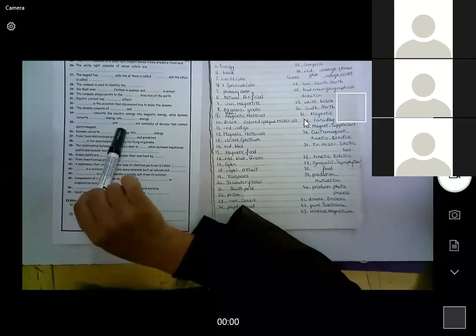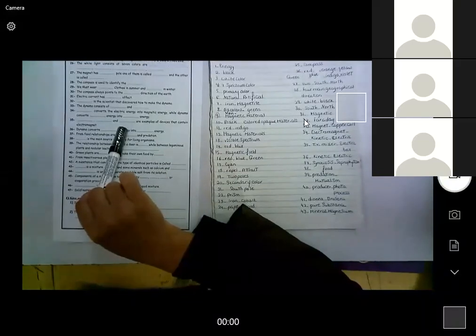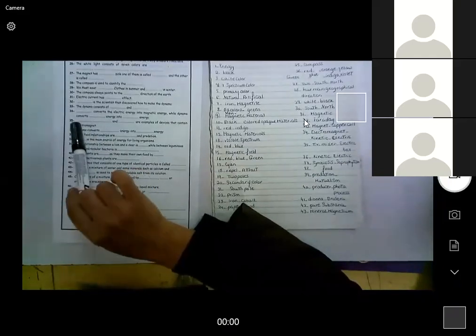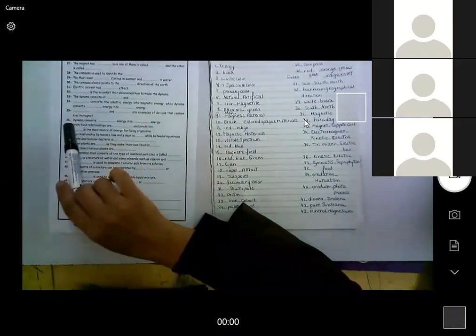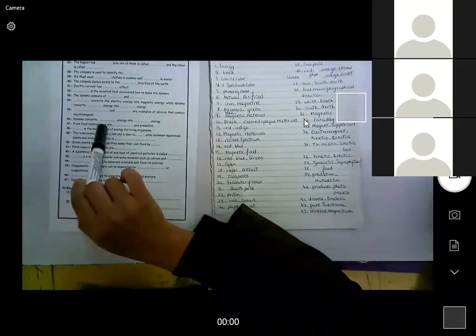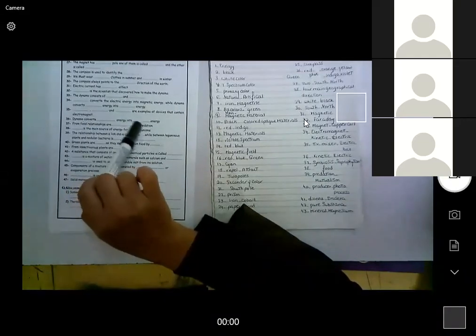TV, mixer, electric bell are examples of devices that contain electromagnet. Dynamo converts kinetic to electric.